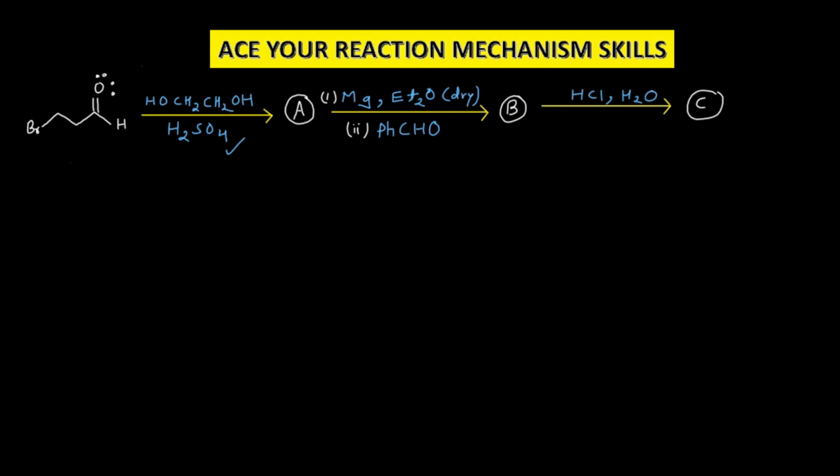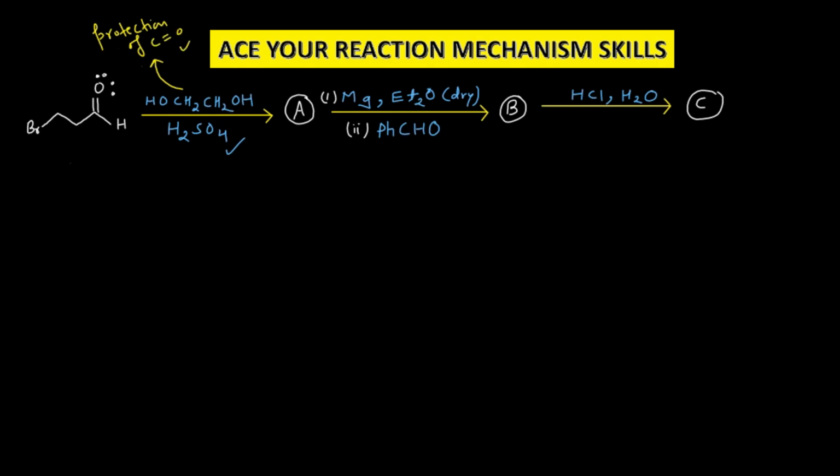Okay, so it is very important to learn the concept of protection and deprotection. I am telling you, this ethylene glycol is one way of protecting a carbonyl group. So this ethylene glycol will protect. It is basically the reagent used for the protection of the carbonyl group.